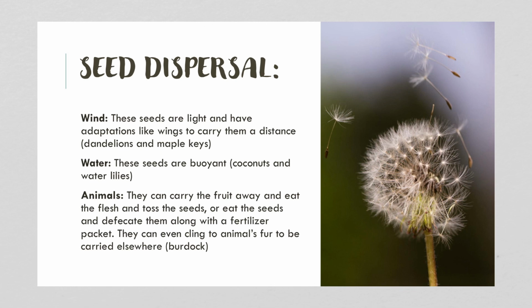They can even cling to animals' fur to be carried elsewhere, so like a burr when you're walking through the forest. Some seeds, interestingly, cannot germinate without having passed through the digestive system of a specific animal. So if an animal goes extinct that used to process the plant seeds, those plants could go extinct as well.